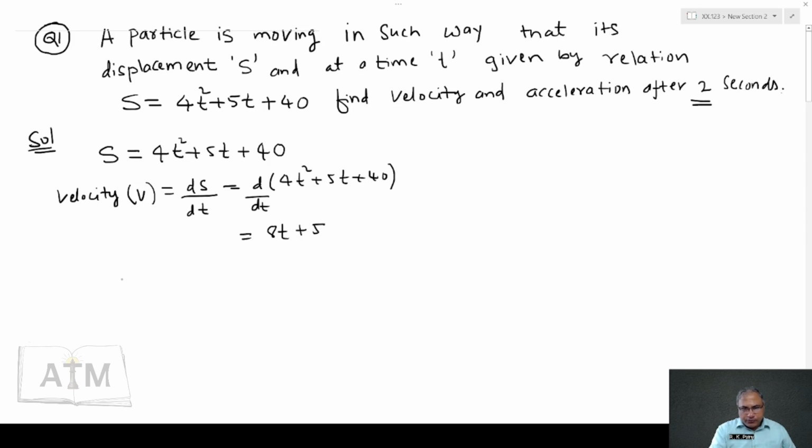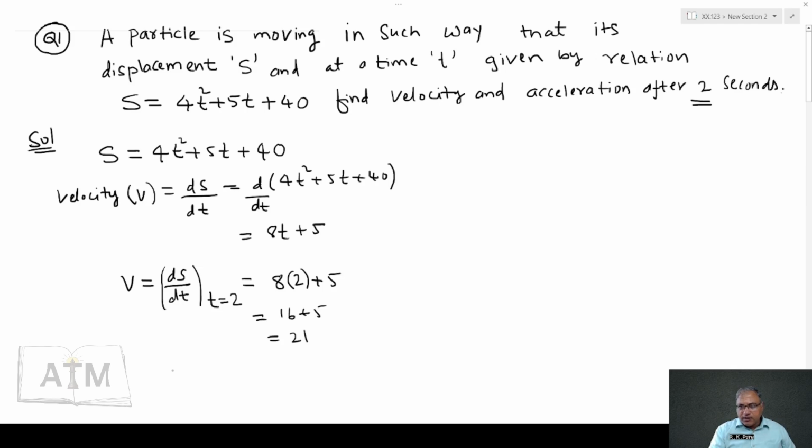So velocity equals ds by dt, and we have to find the velocity of the given particle at t equals 2 seconds. So here t equals 2 seconds. Now wherever t is there, write down 2. 8 into 2 plus 5, that is equal to 16 plus 5, that is equal to 21.